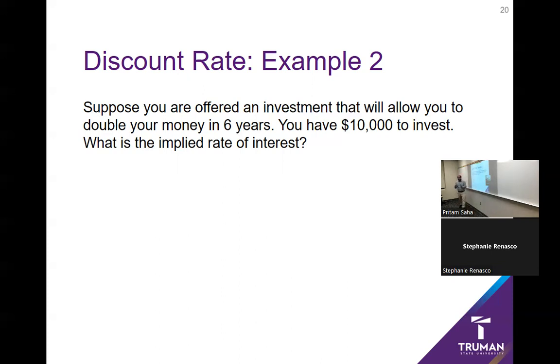So it's saying money needs to be doubled. In finance, we have to be smart about time. You don't have time to write out 20,000 and everything else. So rather than writing 20,000 over 10,000, I just said 2 to the power 1 over 6 minus 1.